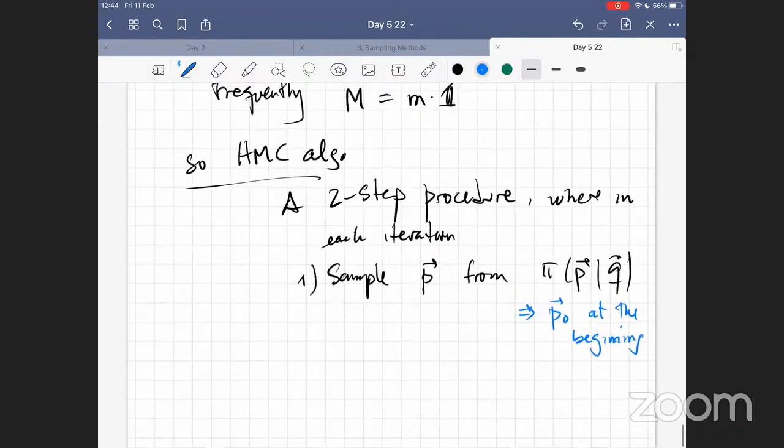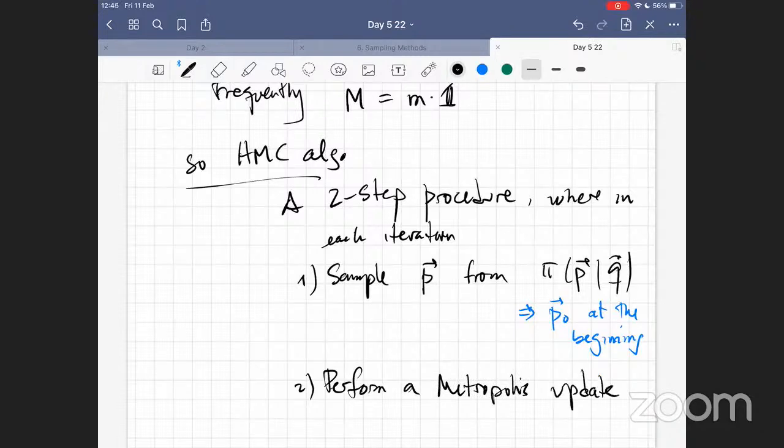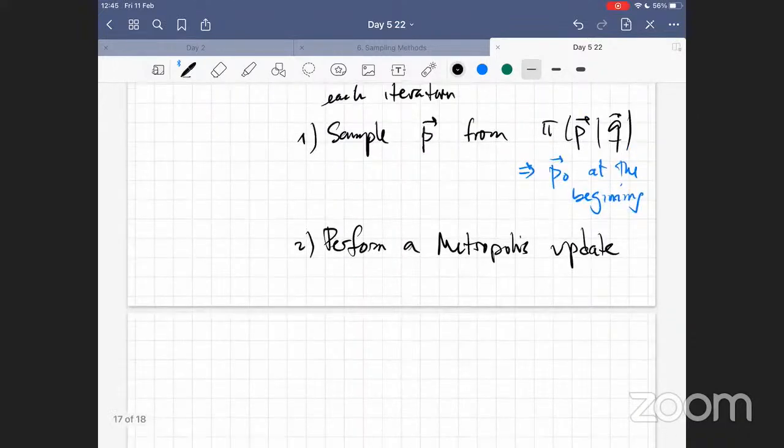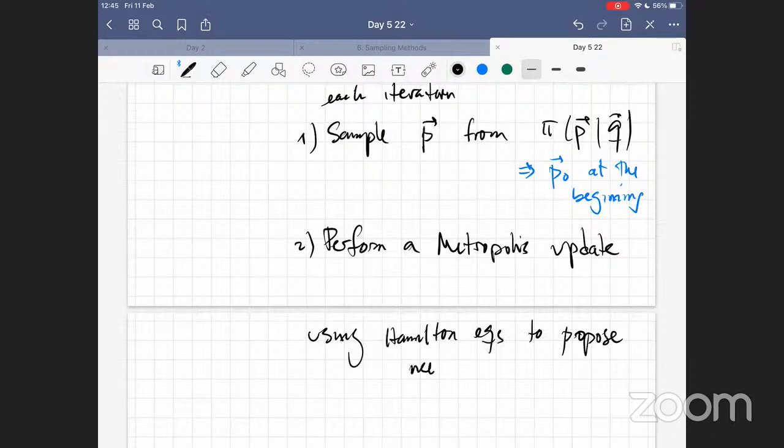Okay. And second, you perform a Metropolis step, or a Metropolis update. And you do this by using Hamilton dynamics to propose a new state. Using Hamilton equations to propose a new state.